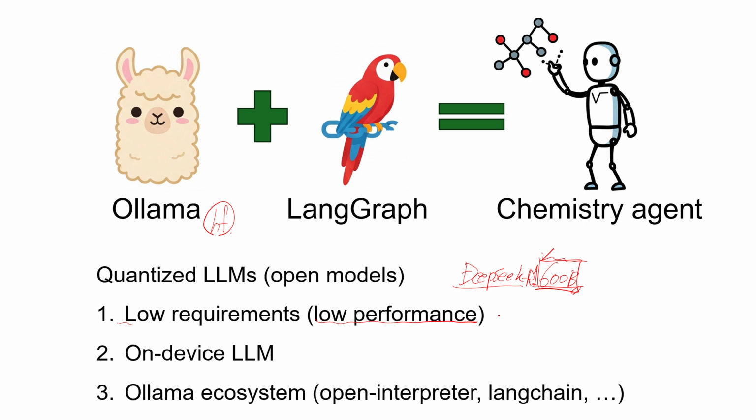So we're gonna make a local agentic system. You just need to be connected to the internet, and you don't need a high-spec laptop or desktop, but your agent can still give a good answer.